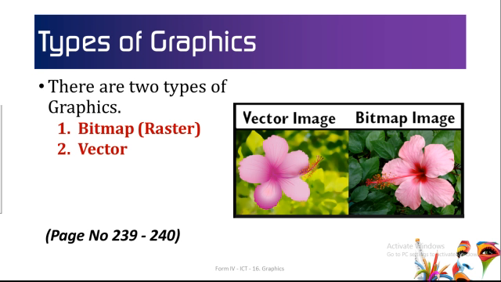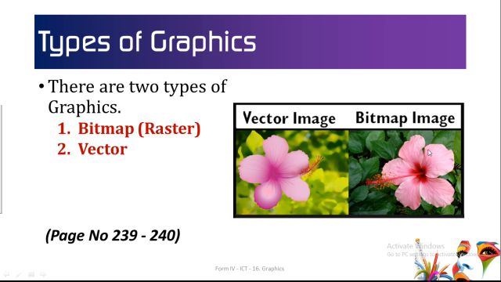Yes. First, let's see what are the types of graphics. There are two types of graphics, bitmap and vector. Bitmap images are known as raster graphics. In these two pictures, you can see the difference between vector and bitmap images.